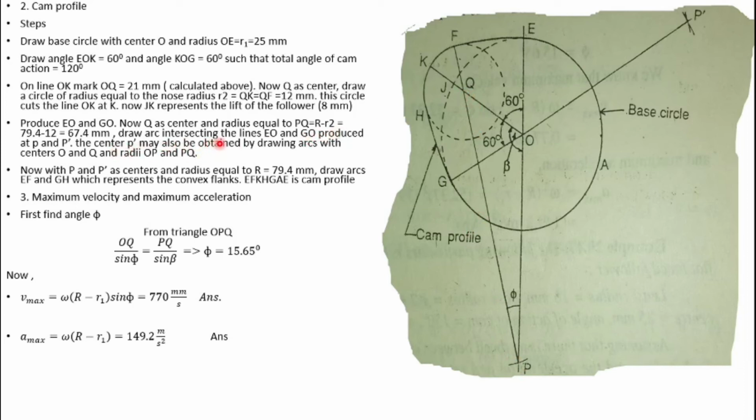Draw an arc intersecting EO. Draw an arc intersecting EO at point P.